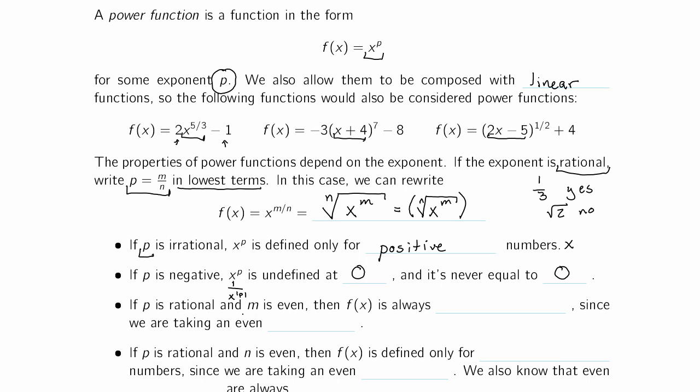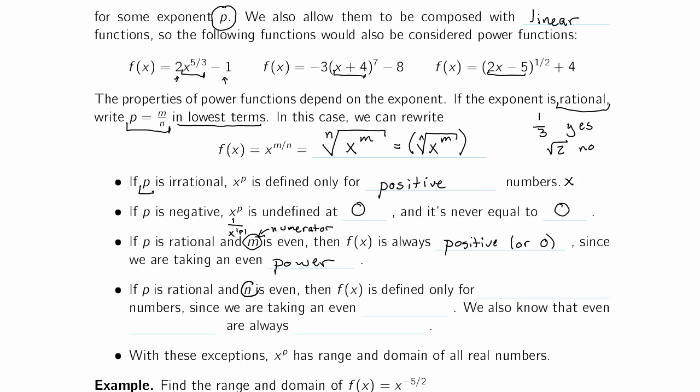If p is rational and the numerator is even, then the output is always positive or 0, because we're taking an even power. Remember, if we take an even power of any real number, we can't get a negative number.